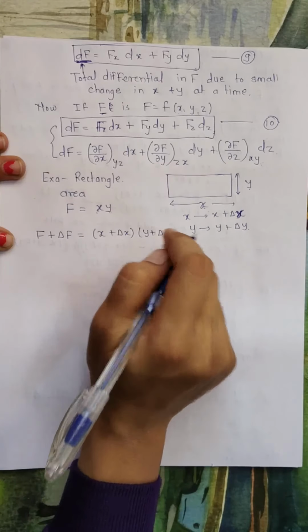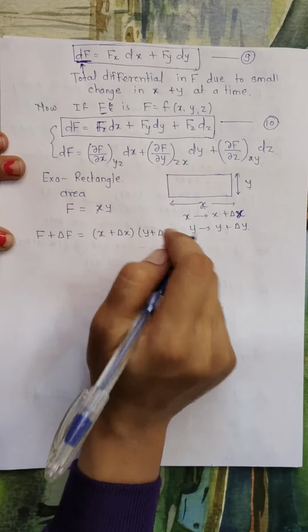So what is the value of f now? x into y. So xy plus, I will write y delta x, I will slightly change the order. There is no change in the equation. The meaning is the same. So x delta y. And lastly, here there is a correction: delta y into delta x.